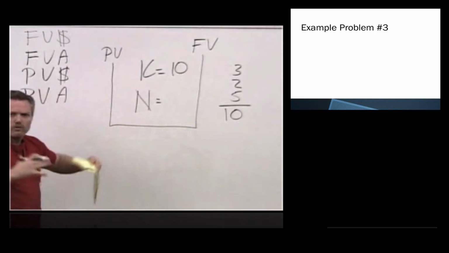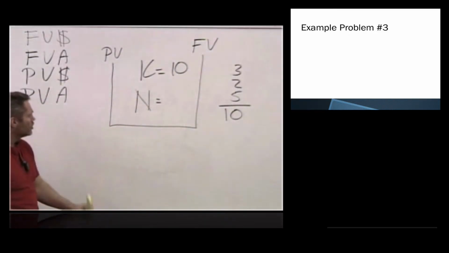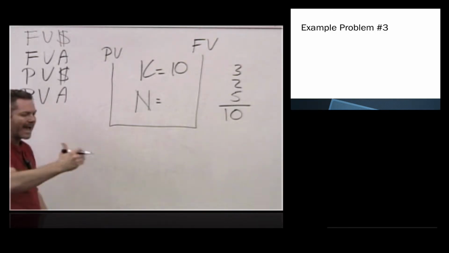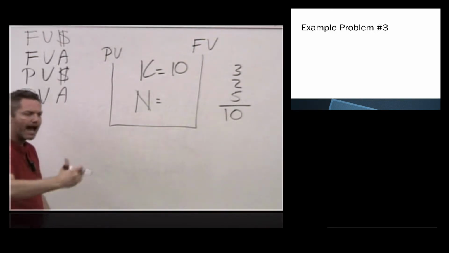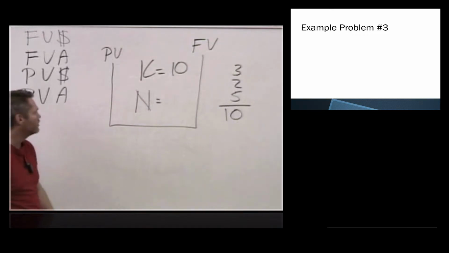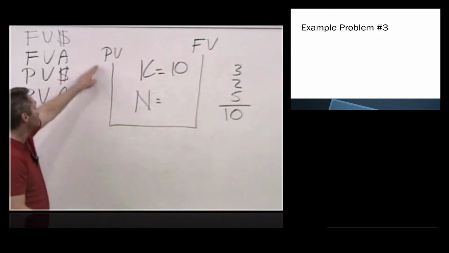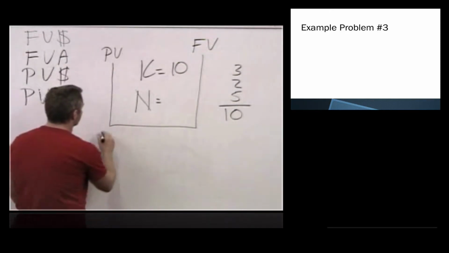So let's do a problem. We're going to do a problem where if I invest $500 today for 5 years at 10%, how much money will I have in 5 years? And so I'm investing $500 today, so I'm going to put $500 here under present value.